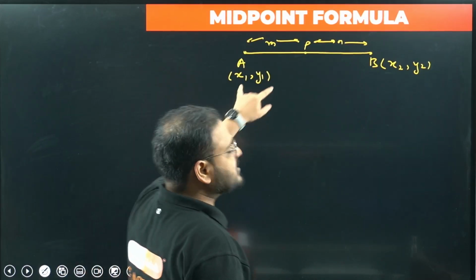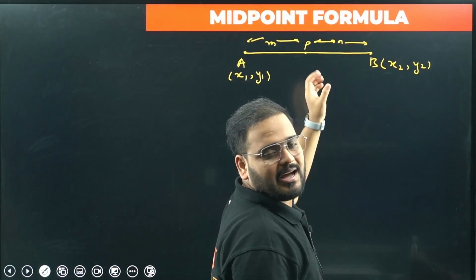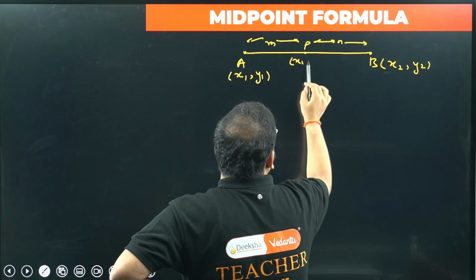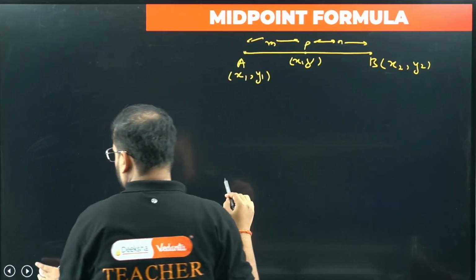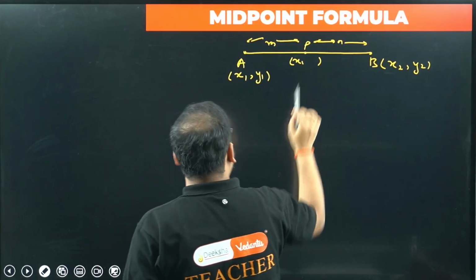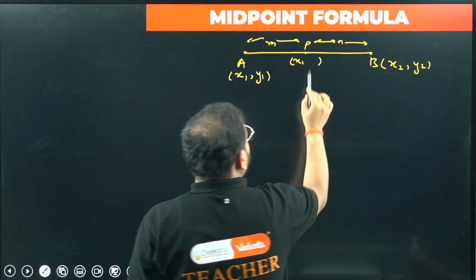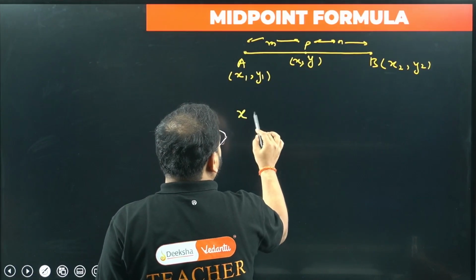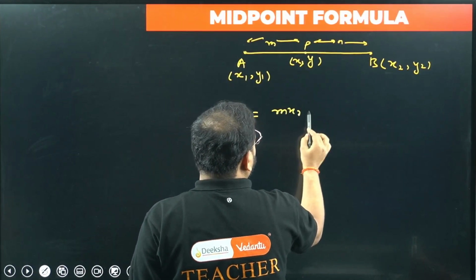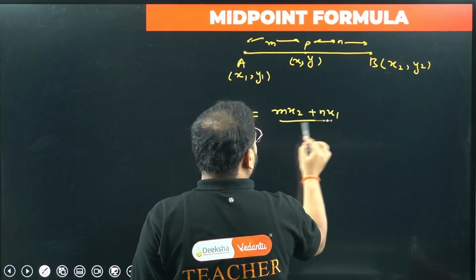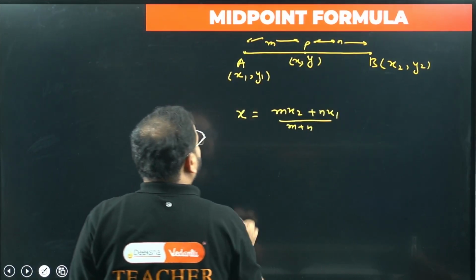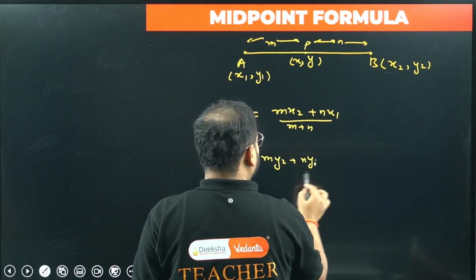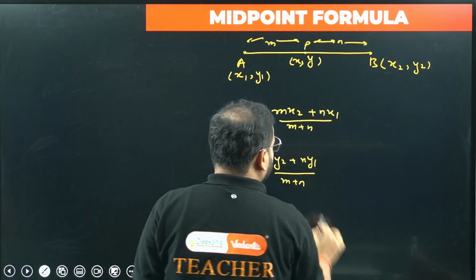M to N. AP is section 1, BP is section 2, and the ratio is M to N. Then the section formula was that the coordinate of P is given by x comma y, where x is (mx2 plus nx1) upon (m plus n), and y is (my2 plus ny1) upon (m plus n).